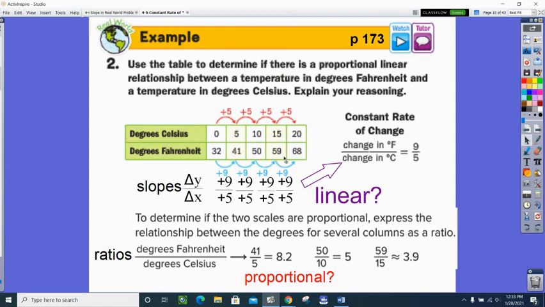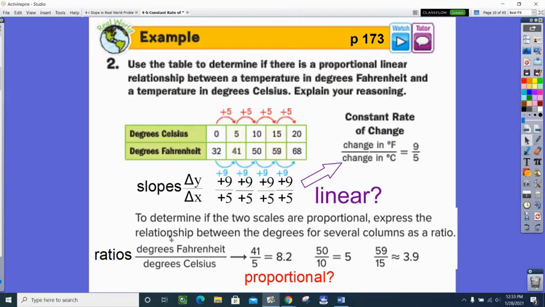And finally, 68 minus 59, yep, it's 9. And 20 minus 5 is 5. Do you see that the rate of change, by the way, slope, stayed the same all the way across the table? So there is a 9 degree Fahrenheit change for every 5 degrees Celsius. So is this linear? And the answer is yes.